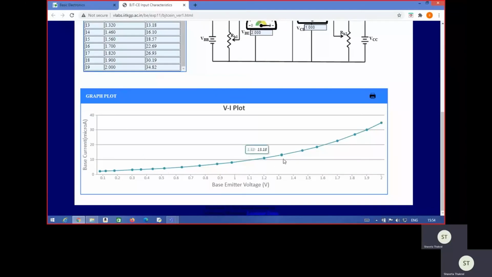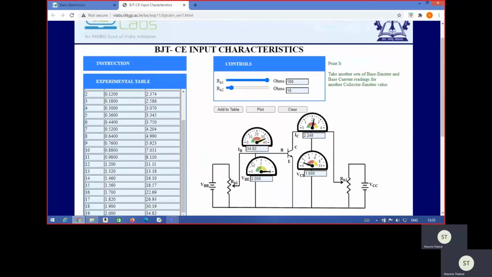Here we can mention for the complete curve VCE is put at 1 volt. And we can observe that the characteristics are similar to a forward biased PN junction diode. Below the knee voltage, current is small, and after the knee voltage, there is a sharp rise in the current level. So this is all about the input characteristics curve of BJT in the common emitter configuration.